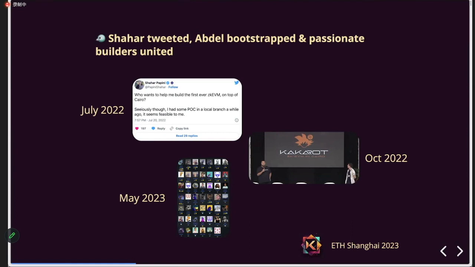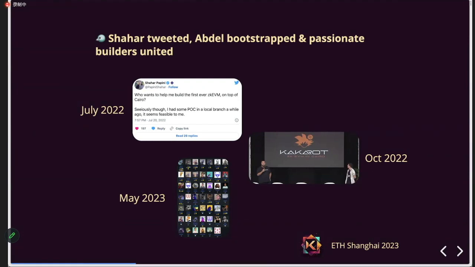Essentially, it's very simple. Cairo is a programming language, and whatever smart contract you write in Cairo, you can prove. What it means you can prove is you can generate zero-knowledge proofs of your transactions, and so you can batch transactions, you can batch blocks, and what you get essentially is a zero-knowledge rollup, right?